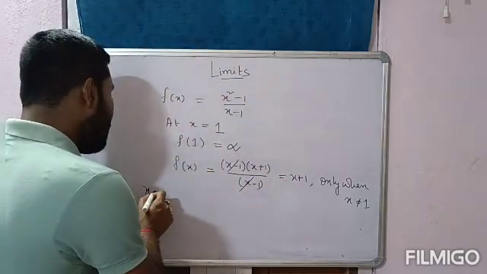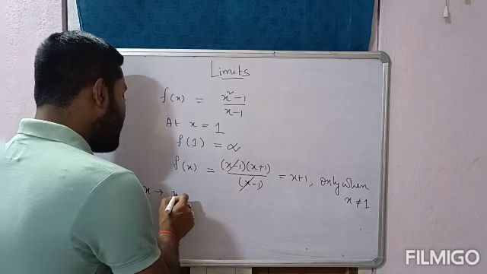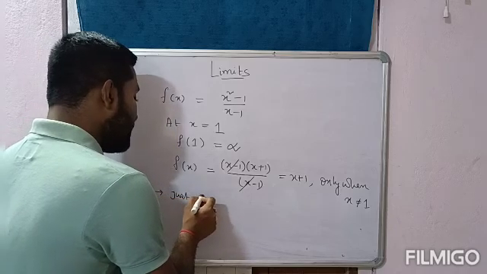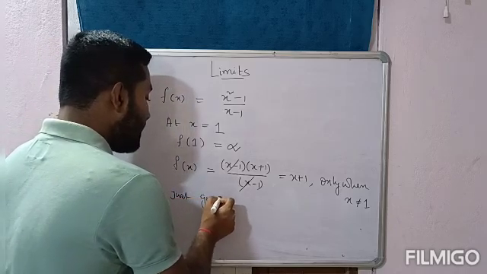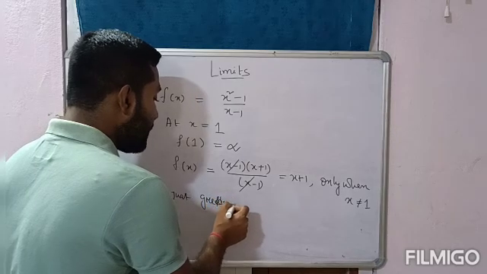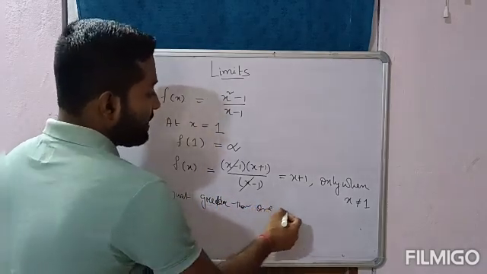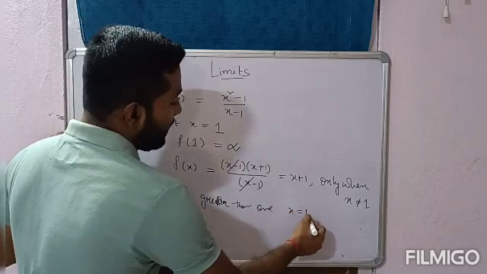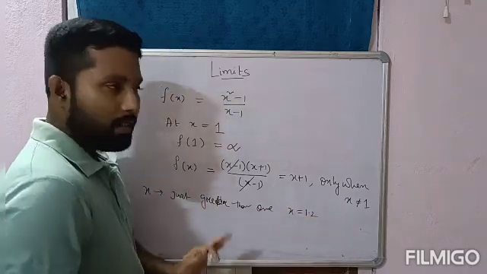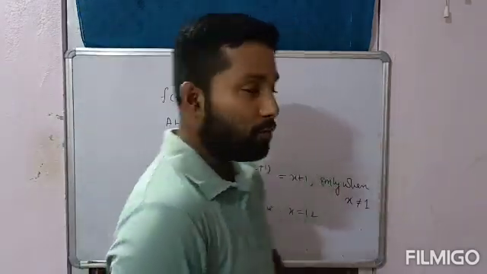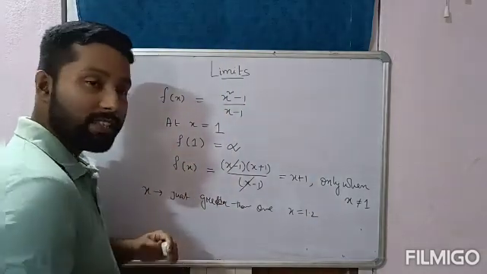Let us consider a value of x just greater than 1. Say x is equal to 1.2. Suppose x is equal to 1.2. Then what will be the value of f of x?